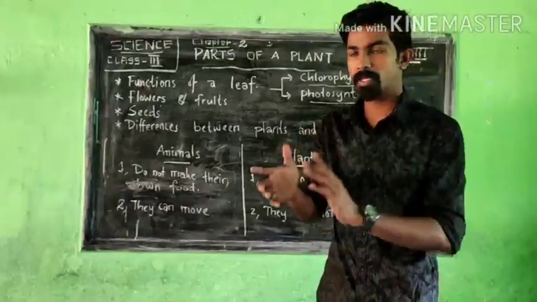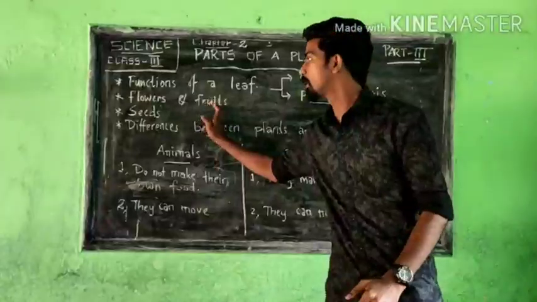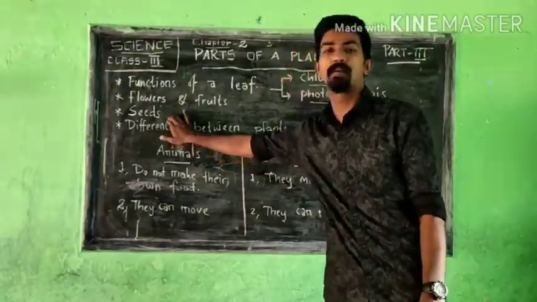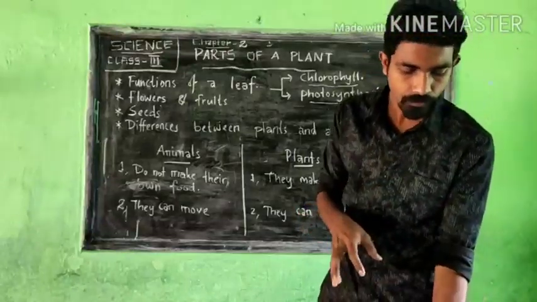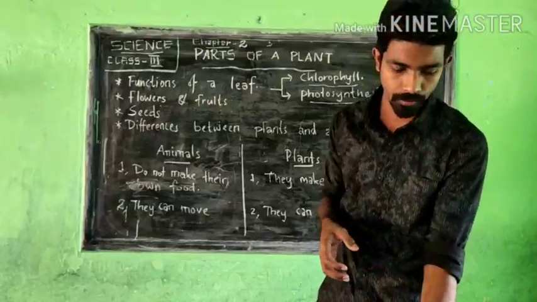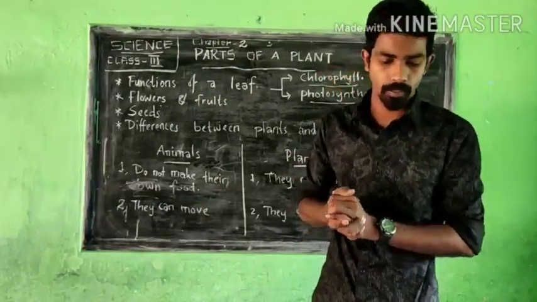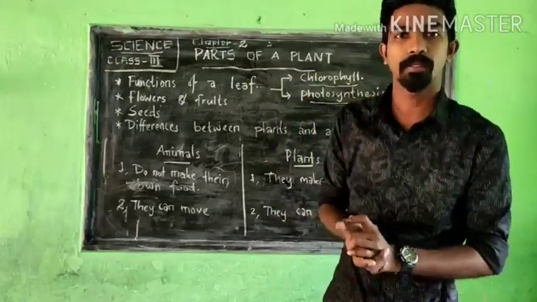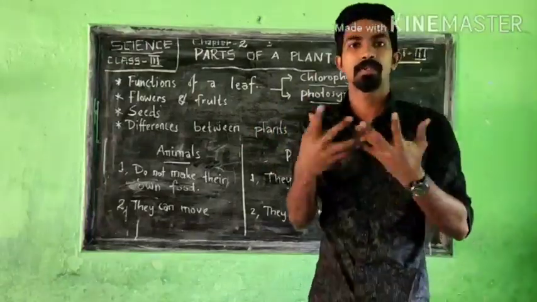So now moving to the next one, that is seeds. After flowers and fruits, inside the fruits the baby plant, the seed, is present. I told you that the info bit is there. Look at it: insects, birds and wind help carry pollen grains from one flower to another. The plants need the pollination process to produce young ones.